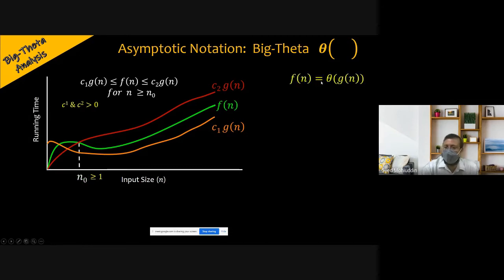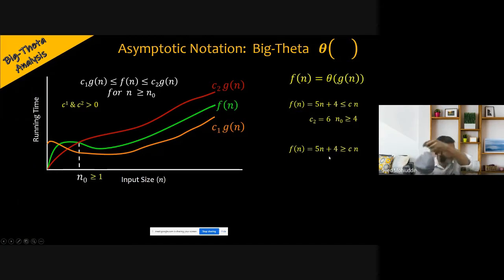Now we say that f of n is theta of g of n when, let us say, we have 5n plus 4 less than or equal to c of n, where g of n is n itself. We have seen in big O notation that when the constant c is 6, n0 is 4, so for input greater than 4 this equation is satisfied. In the same way, we have seen 5n plus 4 is greater than or equal to c of n.